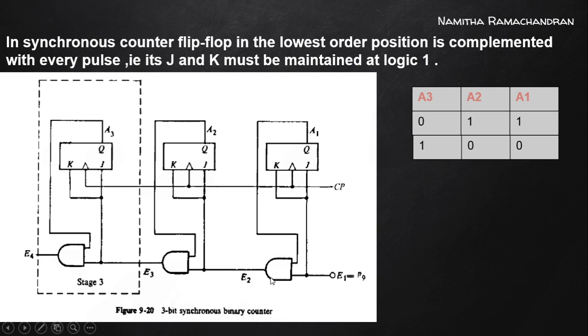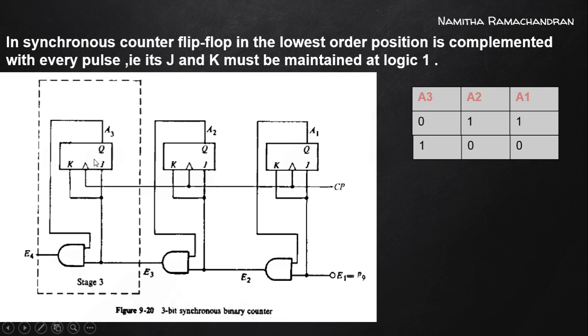That E2 value equal to 1 is ANDed again with this A2 value. The present state A2 value is 1. E2 is equal to 1 now. 1 and 1 is 1 again. So this AND gate generates an output value 1 here. That is E3 equal to 1 now.